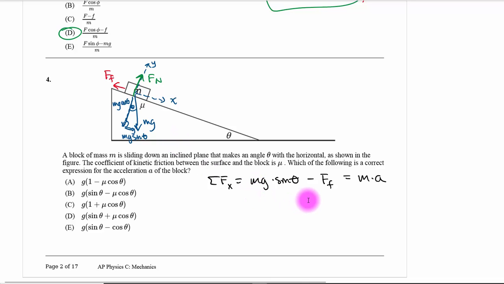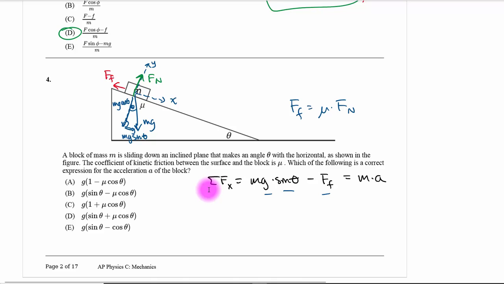It looks like g sine theta minus friction, and frictional force is equal to mu times the normal force. So I really have some sort of a g and a sine theta minus a mu. A or B seem like the only two that have a minus mu, but B is the only one that has a sine theta minus a mu. So if I had to guess, I'd say B is the right answer without even finishing this problem. But let's go ahead and finish the problem.